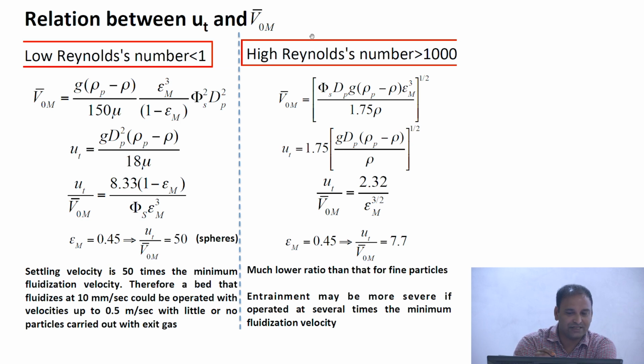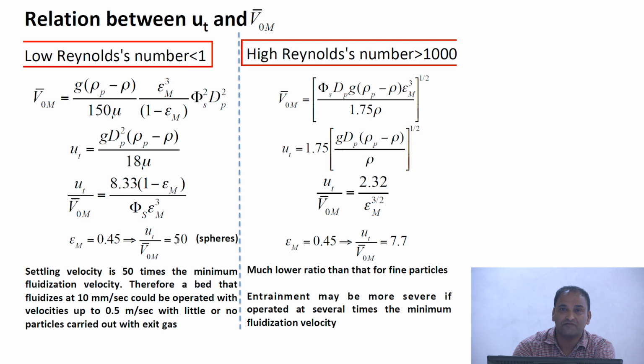And for different conditions, when the Reynolds number is less than 1 and when the Reynolds number is greater than 1, we also calculated what is a typical ratio of the terminal velocity in the particular flow regime divided by the minimum fluidization velocity.